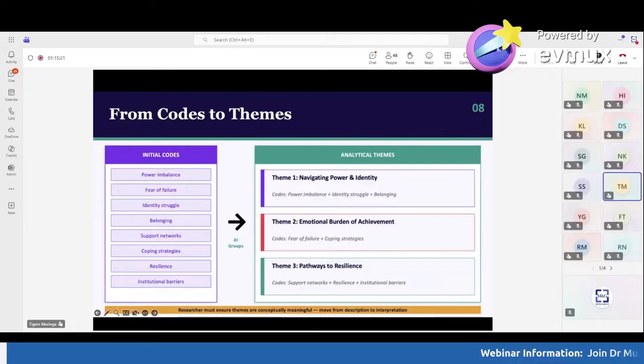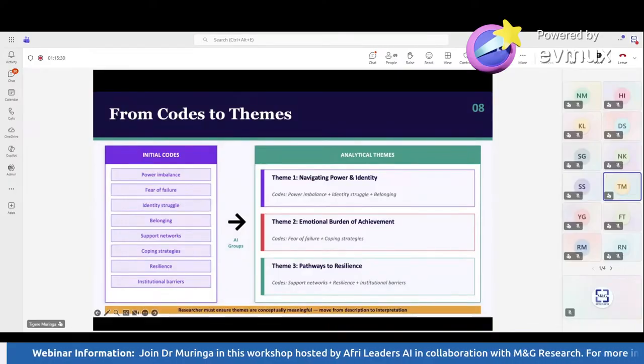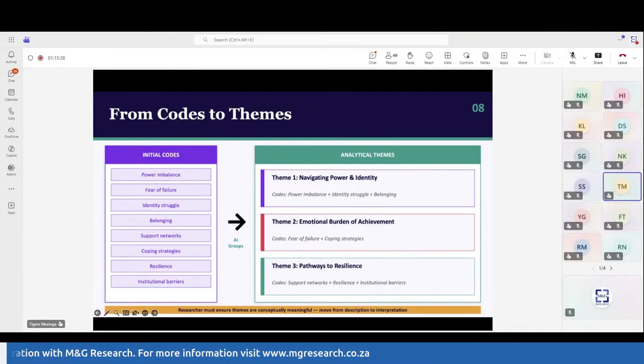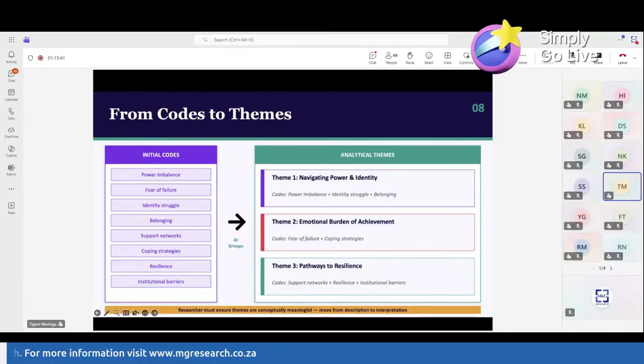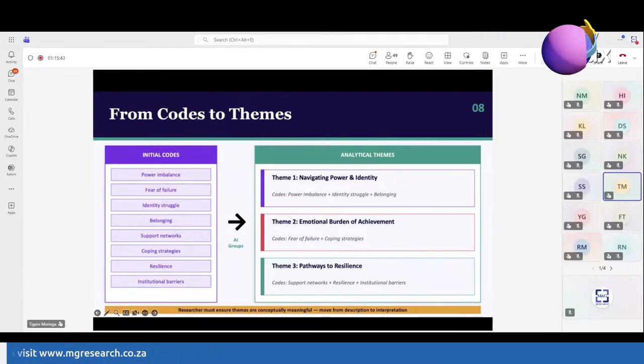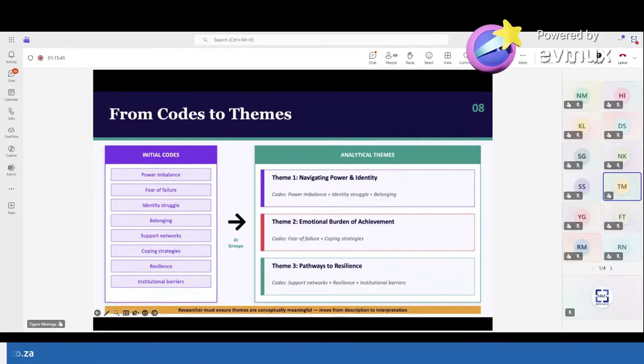Because if you don't know how to do thematic analysis, you would not know how to conduct the same on an AI platform. So we're saying we should never replace the fundamentals of traditional thematic analysis. What the AI platforms do is increase the speed of doing what we already know, right?